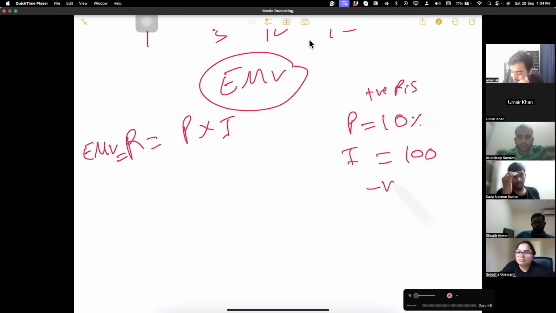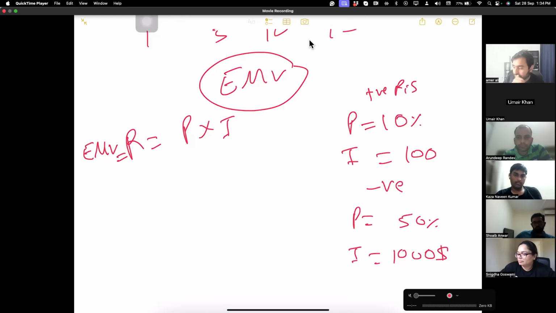If it's a threat, which is a negative risk, it has 50% probability and an impact of $1,000. Now, what will be the expected monetary value?